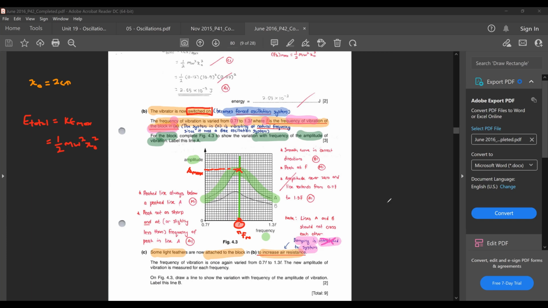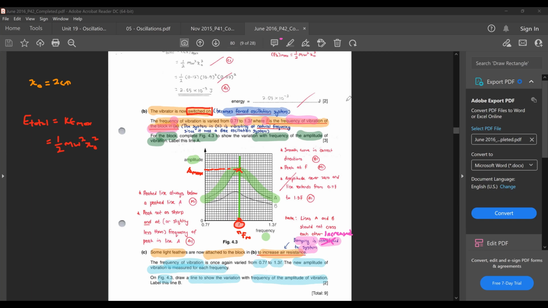It's not that damping is introduced. Damping is increased in the system. So here they mentioned that the frequency of vibration is once again varied from 0.7 F to 1.3 F, where the new amplitude of vibration is measured for each frequency. On the same figure, draw a line to show the variation with frequency of the amplitude of vibration.